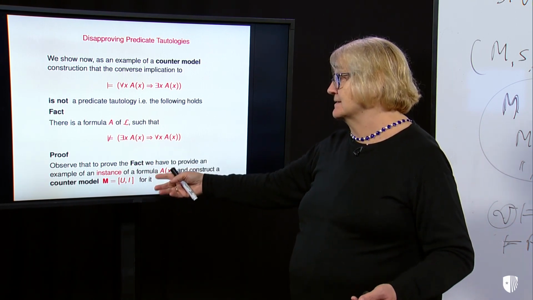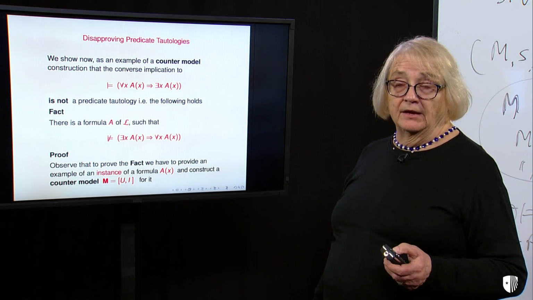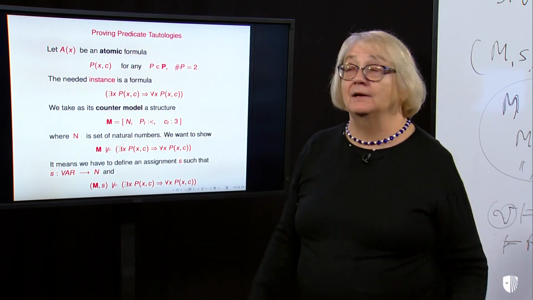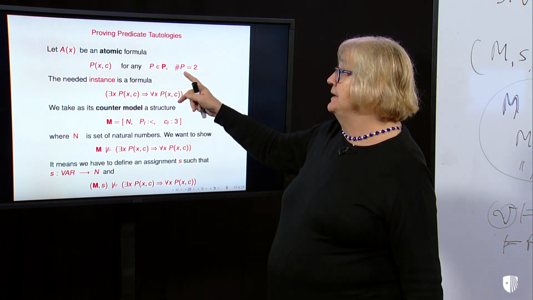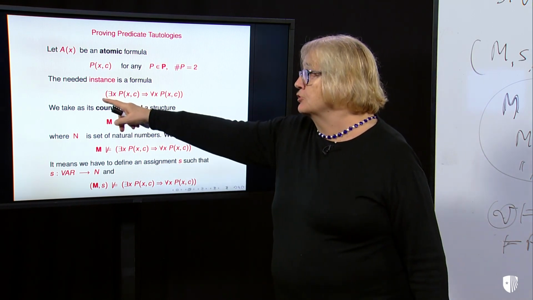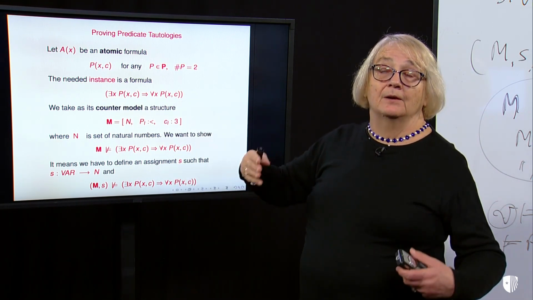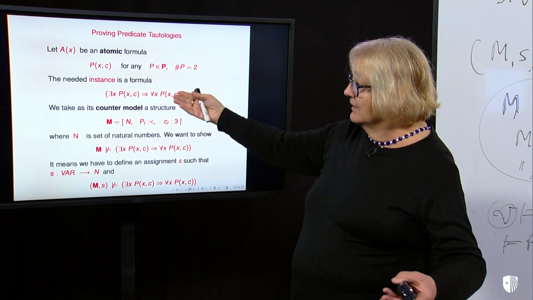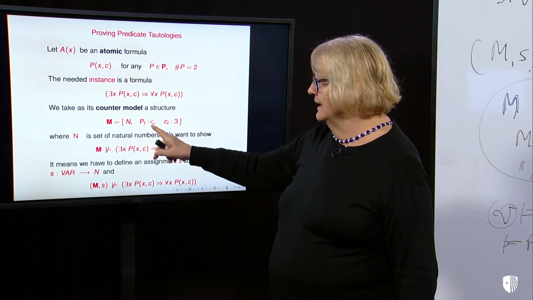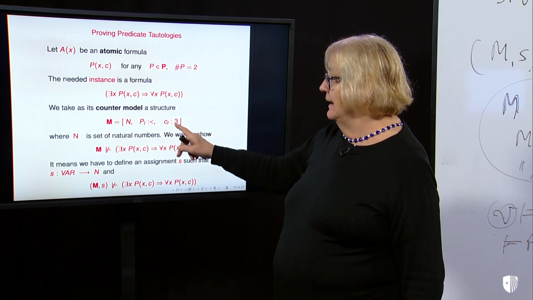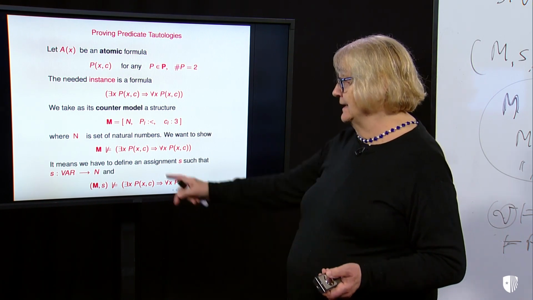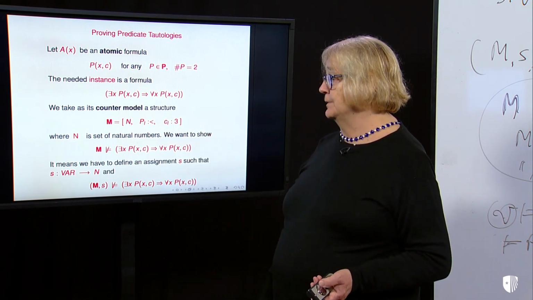So I take an instance of the formula and construct the contramodel. Let's take an atomic formula, where P is a two-argument predicate. Now I construct the contramodel for that. We have structure M, where I take less than for P, and for c I take 3, and the set is all natural numbers.